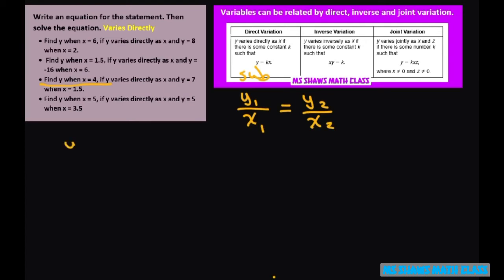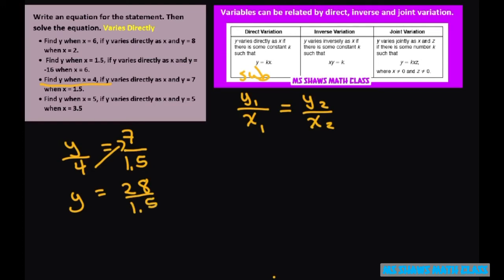Y is to 4 as 7 is to 1.5. So this gives you y equals, cross multiply, 28 divided by 1.5.